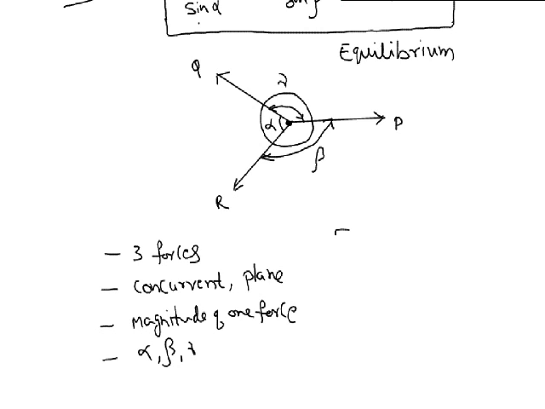Then you can find the magnitudes of the other forces Q and R, provided you know the magnitude of one force P. So if you know the magnitude of force P and the angles alpha, beta and gamma, you can find the magnitudes of the other forces Q and R to keep the body in equilibrium.